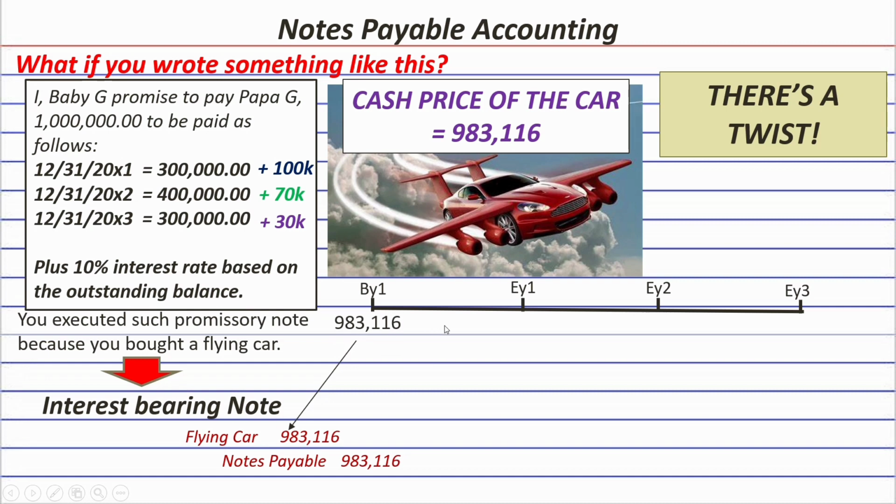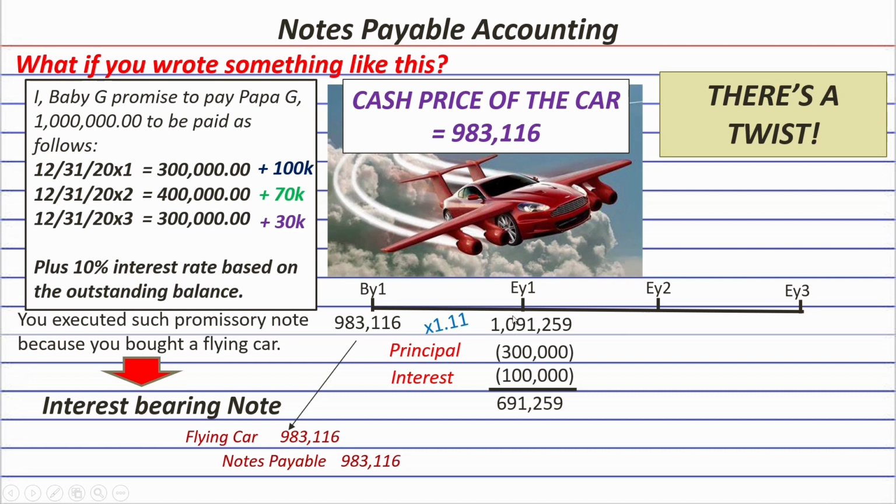And then, let's multiply it with 1.11, or 1 plus effective rate that we have computed. And we will get 1,091,259. And then, minus 300,000, which is the first principal payment and the first interest payment of 100,000. And we will have a carrying value of 691,259 at the end of year 1.